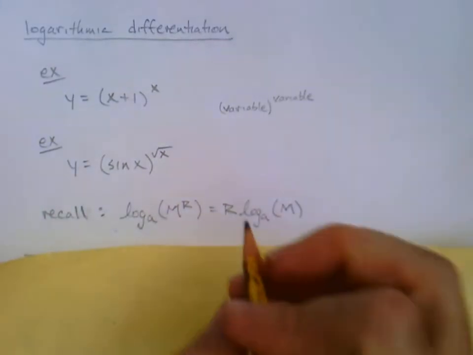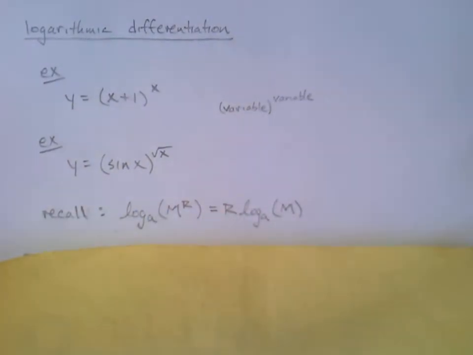Remember this law? Now that we know calculus, that almost feels like you're taking a derivative, but you're not. That's just one of the properties of logarithms. If there's an exponent there, it can move down in front as a coefficient, and they're equal.